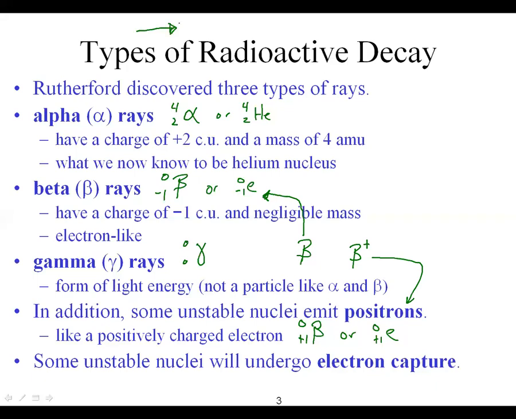Basically nuclear equations are set up similar to a regular equation. There's an arrow. That's kind of where the similarity stops. But when we talk about something being emitted or going through this type of decay, usually what that means is the particle will end up on the product side. Now, if we see something where it says in words, like we see at the very bottom, an electron capture, you bombarded a nucleus with some type of particle.